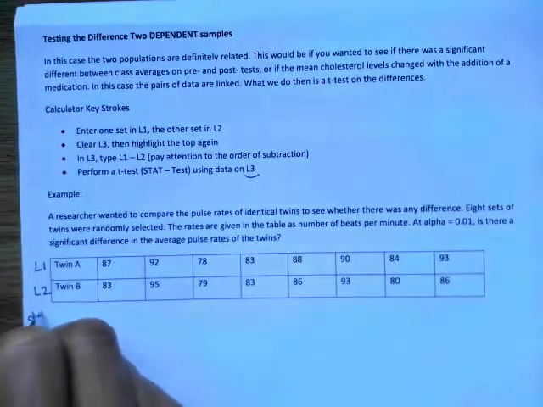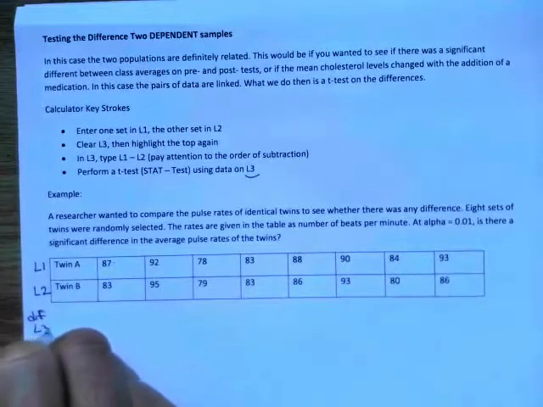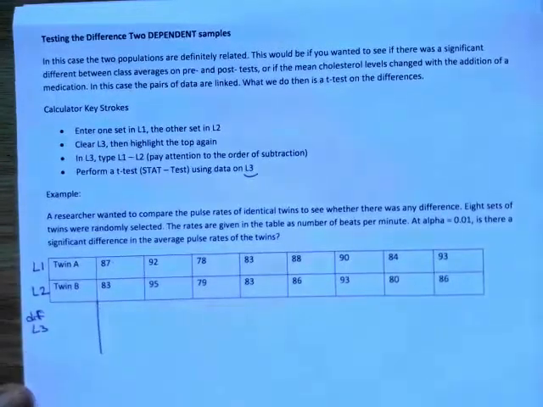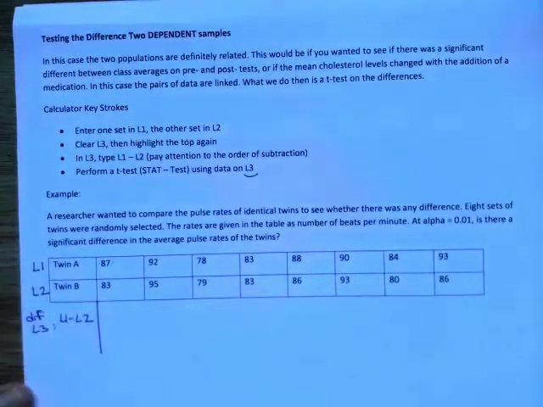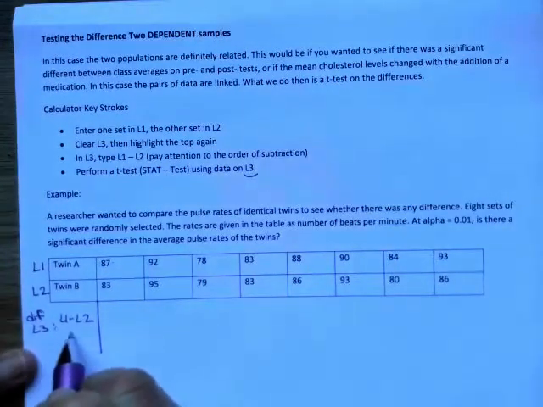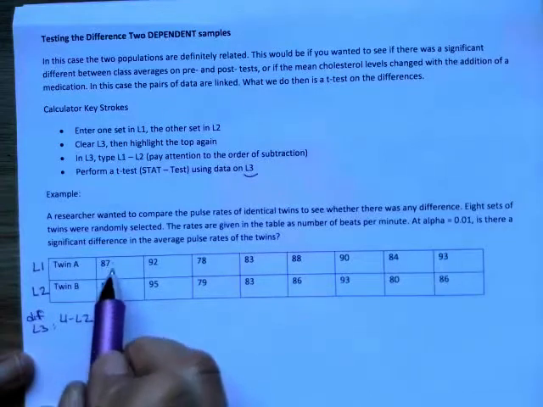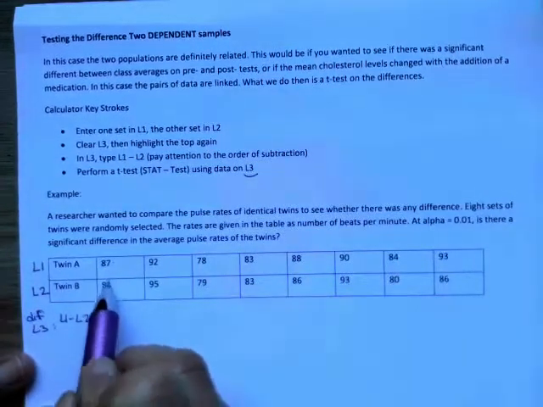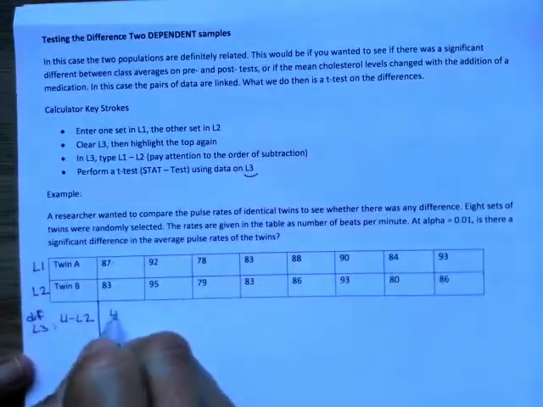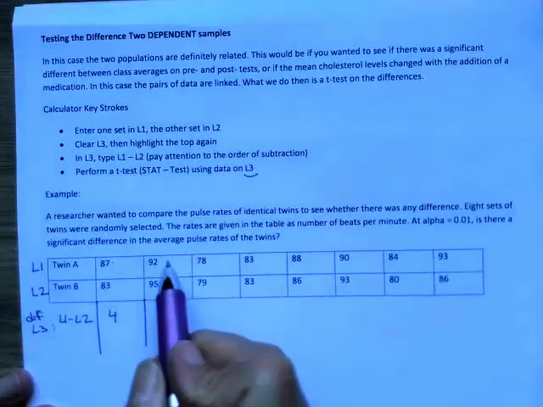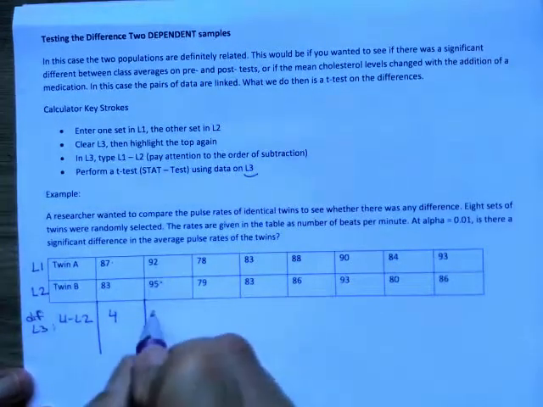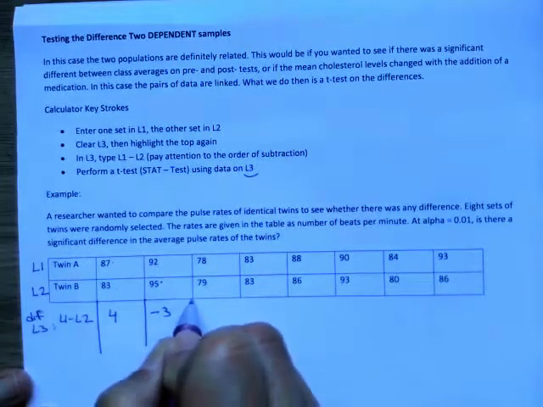This difference is going to go in L3, and I'll do a couple just so you know what's going to happen. So L3 is going to get populated with 87 minus 83. So that'll be a 4 that we'll see in that first line on L3. 92 minus 95, that's negative 3.